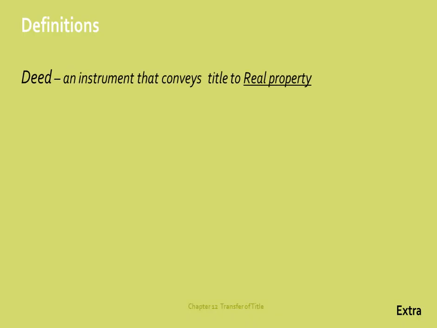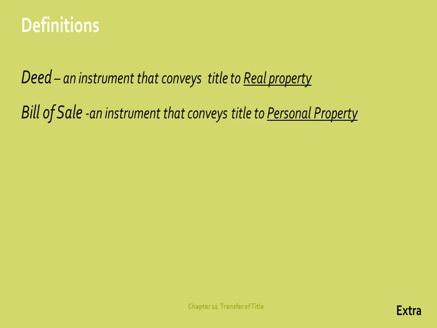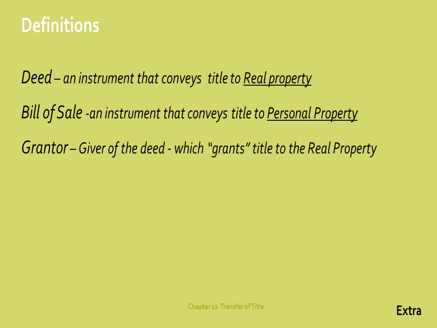And they start off with a couple of terms that we want to know: a deed and a bill of sale. A deed is a way of transferring real estate, and must be in writing. A bill of sale is also in writing. It conveys personal property. So at a real estate closing, you're going to see both those documents: the deed to convey title to the real property, and a bill of sale to convey ownership of any personal property items.